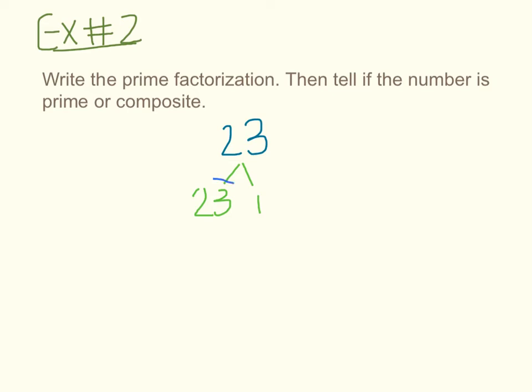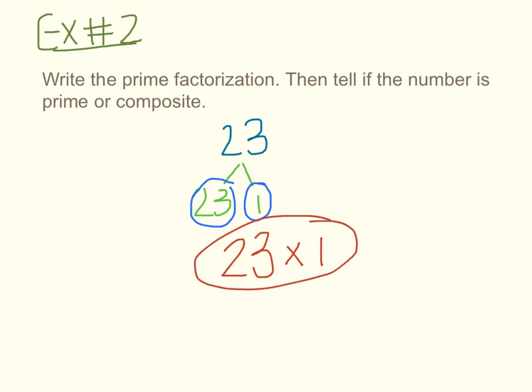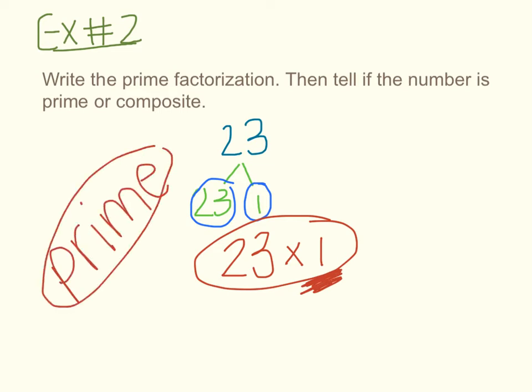And 23 is a prime number, and 1 is a prime number because neither of those can be broken down. So that is our prime factorization, 23 times 1. And because of that, since 1 has to be in our prime factorization, we know that 23 is a prime number because it can't be broken down by anything other than 1.